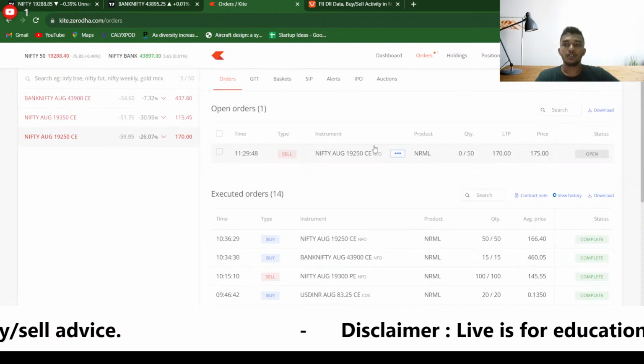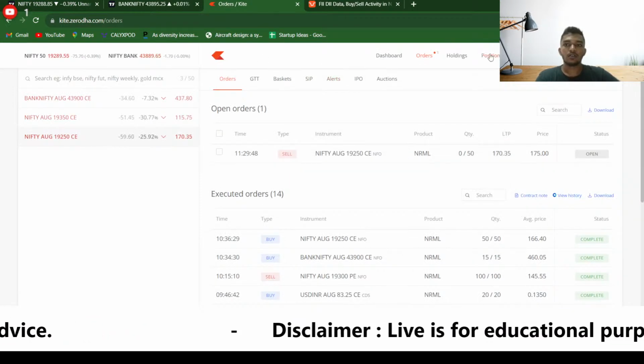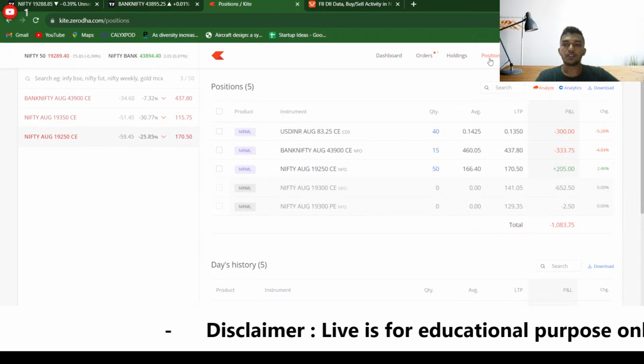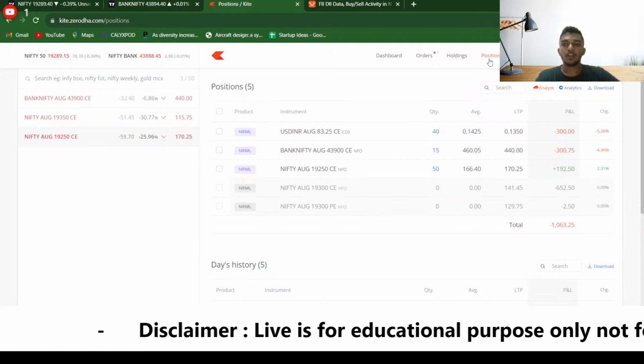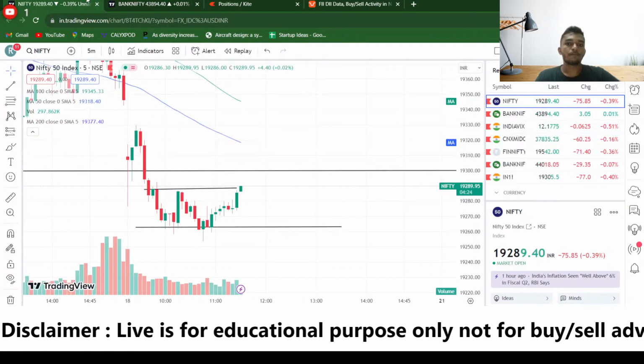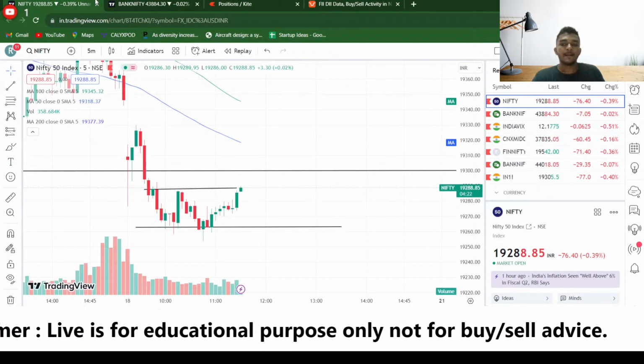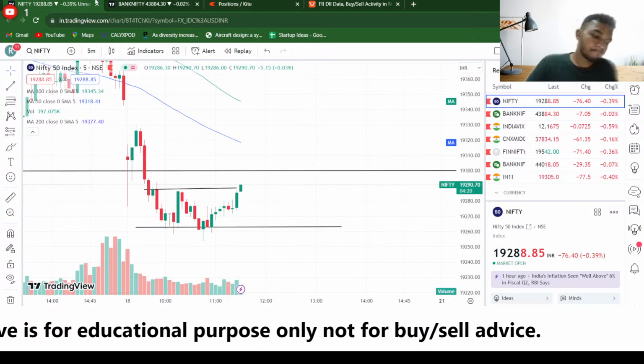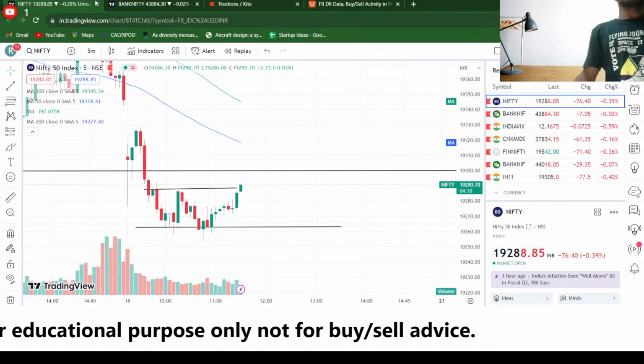And if I go in the position section, Nifty has bounced quite a lot to the 290 area. So once again, just let me open.